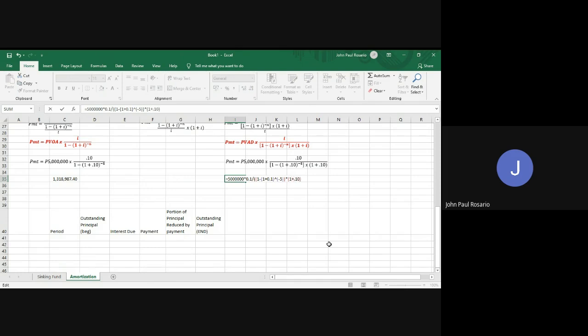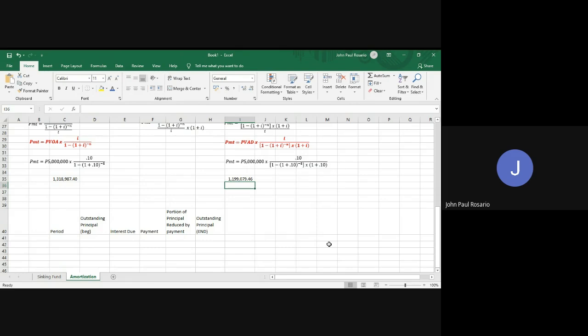So the annual payments now become 1,199,079.46, and I'm also checking that using my calculator, and it's correct.